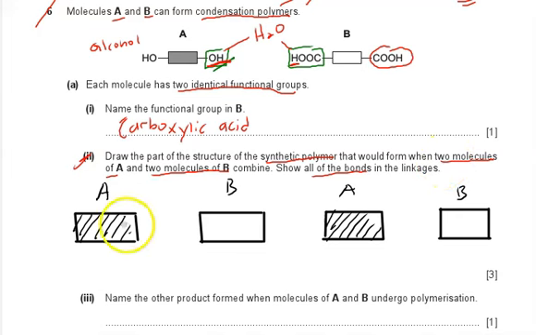So here we have 2 molecules of A and 2 molecules of B. So in between we will have the B, remember, is an acid. So we have here C double bond O, and here we have an O. So we just have to draw it for all of this, and here's carboxylic.